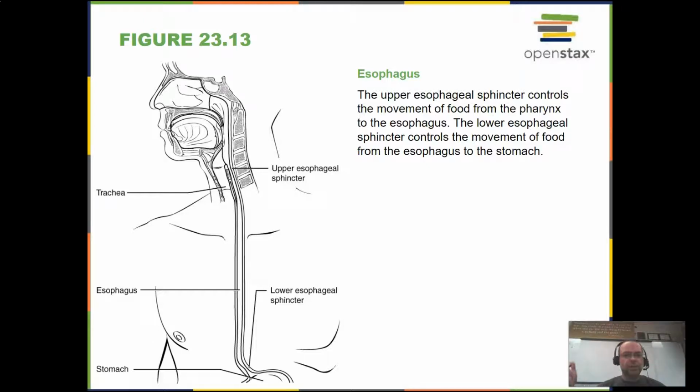So, for example, when you used to hang from the monkey bars upside down in elementary school, or when you do cartwheels or handstands, the reason that your stomach contents don't come splashing out of your mouth and your nose is because of that lower esophageal sphincter. There are some conditions where that sphincter is loosened and allows stomach acids to splash up in your esophagus, and it will over time erode your esophagus.